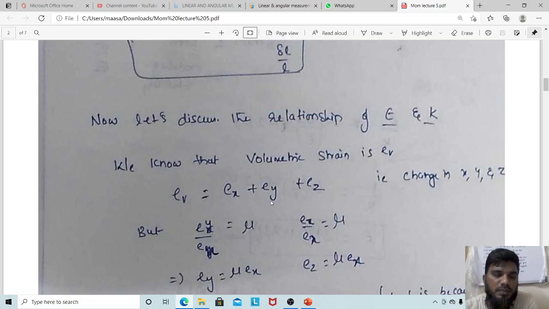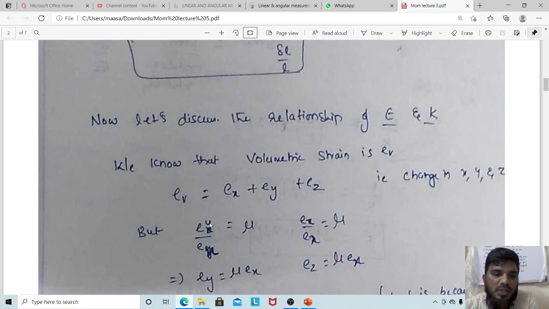So we know that according to Poisson's ratio, we can draw the relationship between x and y. That is, Ey by Ex is equal to mu, Ez by Ex is equal to mu. Why we are converting only with respect to x is since the load is applied along the x direction. So the strain in y with respect to x is nothing but Poisson's ratio.